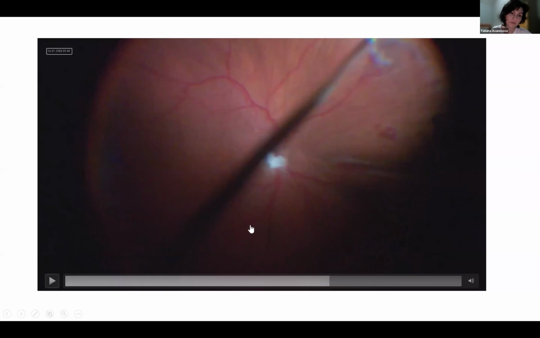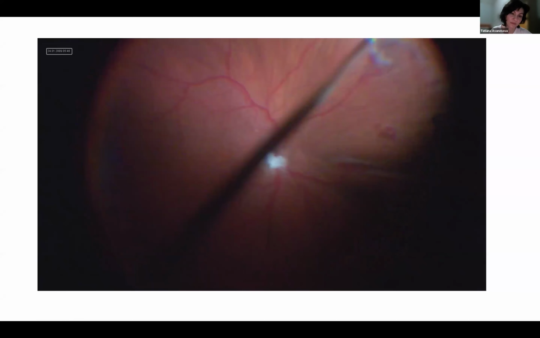So any ideas what to do with this prominence of choroid and these folds? In the middle of the surgery, we start to have choroidal detachment and these folds, even in the macula. Yeah, you increase the intraocular pressure and ask the anesthesiologist to check whether the blood pressure is normal. Everything was normal, and there was no hypotony.